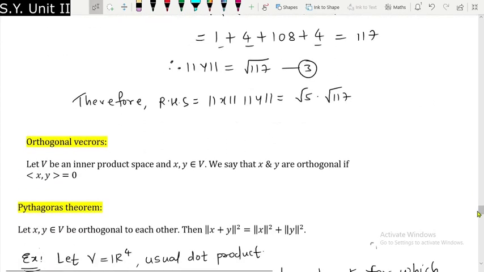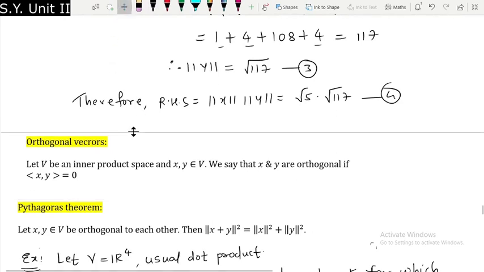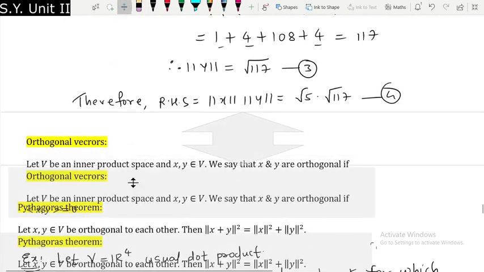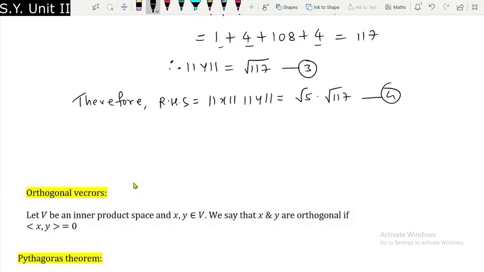I'll call it 4, and therefore from 1 and 4 we can say that LHS is strictly less than RHS, and therefore the inequality is verified. That part you can write. Okay, so simply I'll write here, hence verified.